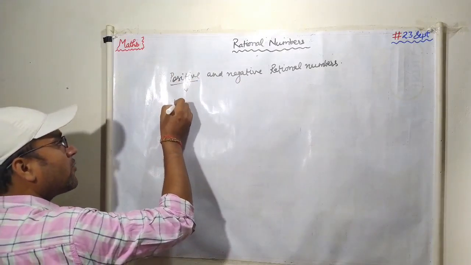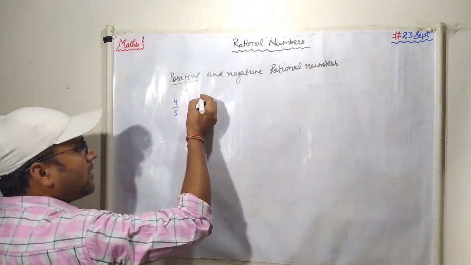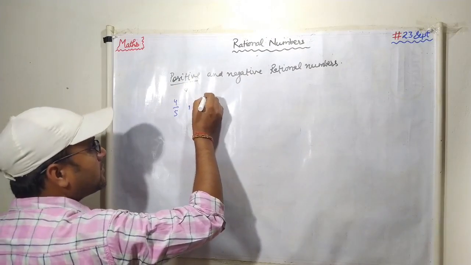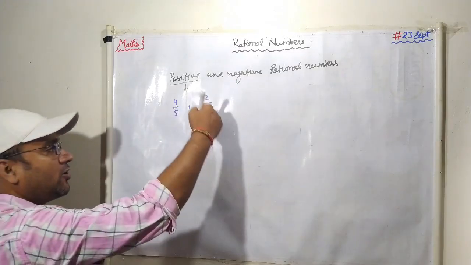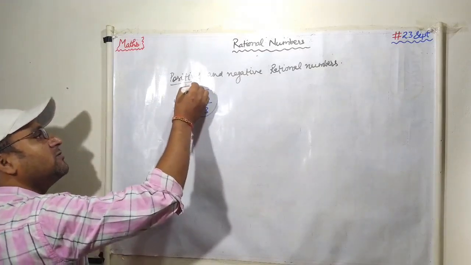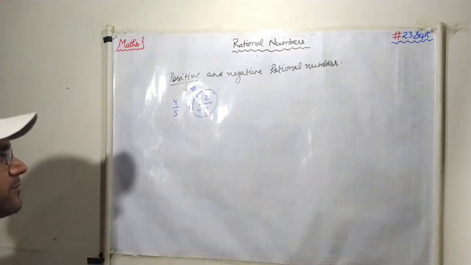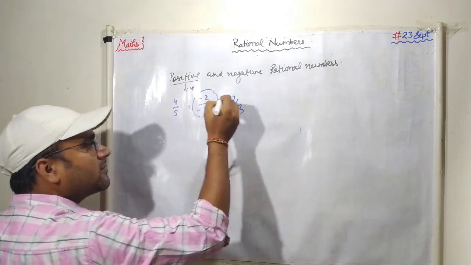Like 4 upon 5, there is no sign, so it is positive. Or minus 2 upon minus 3, if numerator and denominator are both negative, then it is also a positive rational number, because minus is cancelled out by minus, and you get 2 upon 3.